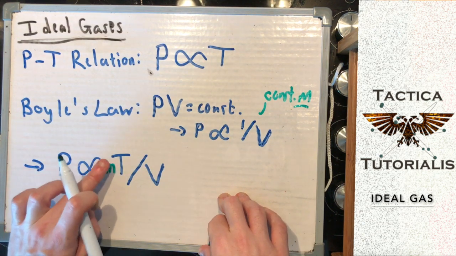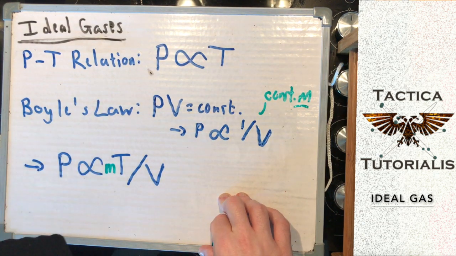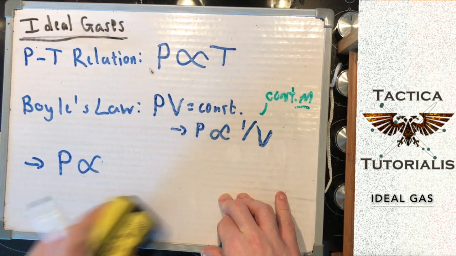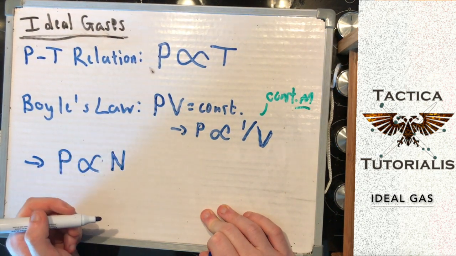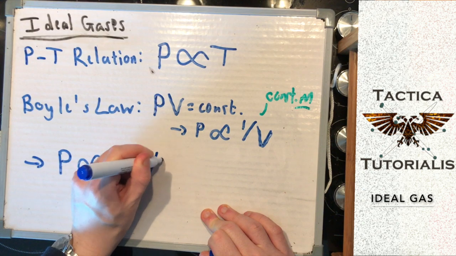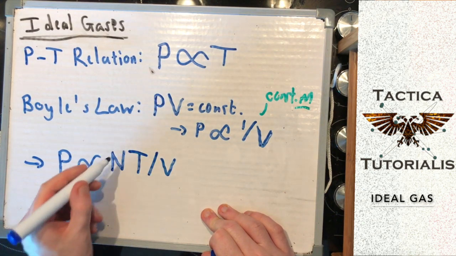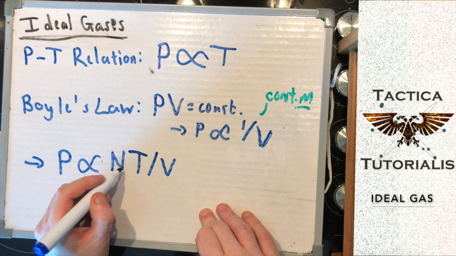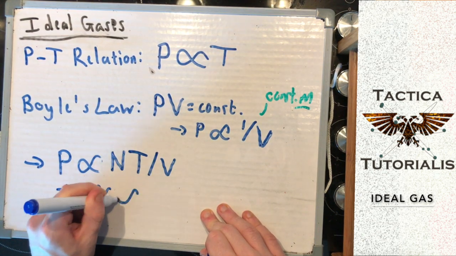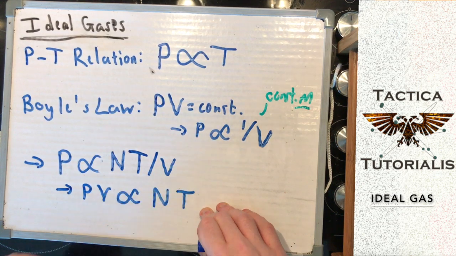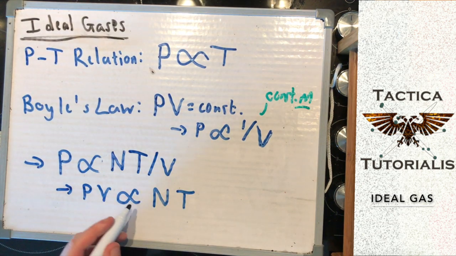Or, as we typically do at A level, instead of talking about the mass of the gas, because that's quite difficult to measure or categorize, we generally talk about it proportional to N, T over V, where N is the number of gas particles. I'm just going to move V across. So PV is proportional to NT.